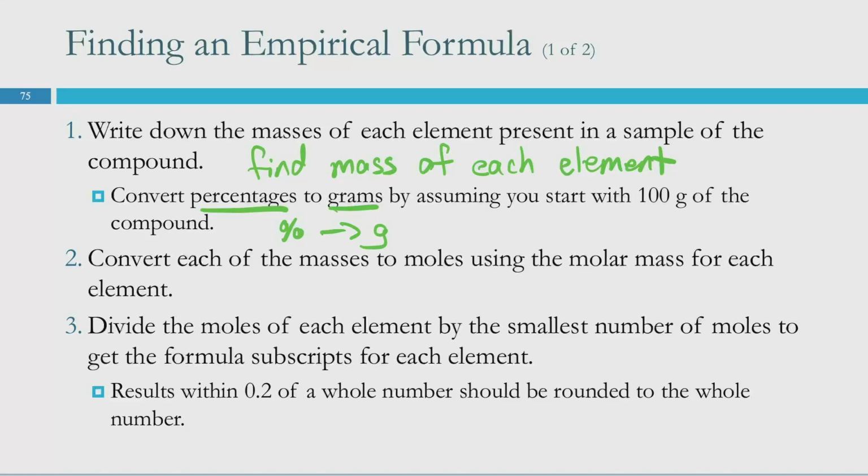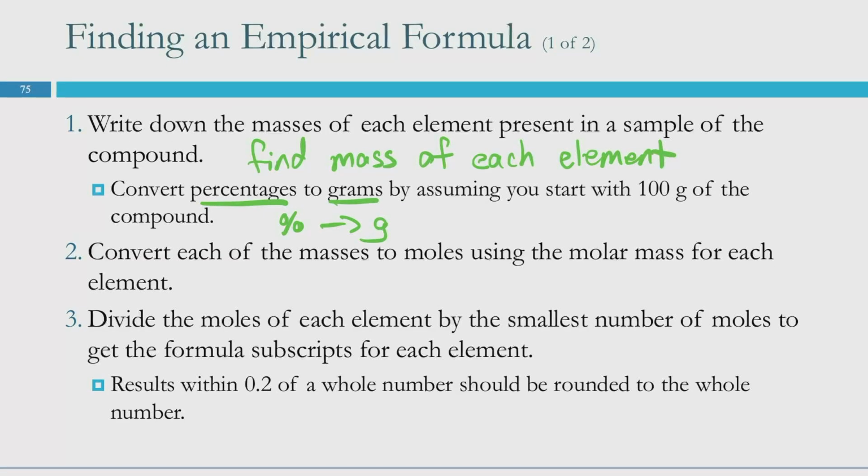You can just take the percent sign and swap it out for grams instead. The assumption that we're making when we do that is that we've got 100 grams of the compound. You don't need to know that that's how we're doing that. You can just remember, hey, we turn percent into grams, and that's good enough. If you wanted to multiply by something other than 100 grams to make your life more difficult, you're also welcome to do that, but 100 grams is the easy way.